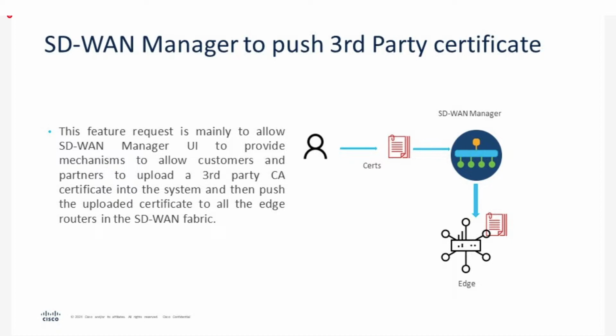Through the SD-WAN Manager, this was not supported until now. But with 20.13, the SD-WAN Manager provides this mechanism, allowing the customer and the partner to upload the third-party CA certificate into the system, and using the Manager, we can push the certificates to all the SD-WAN edges and the overall fabric as well. That is now supported in the Manager.